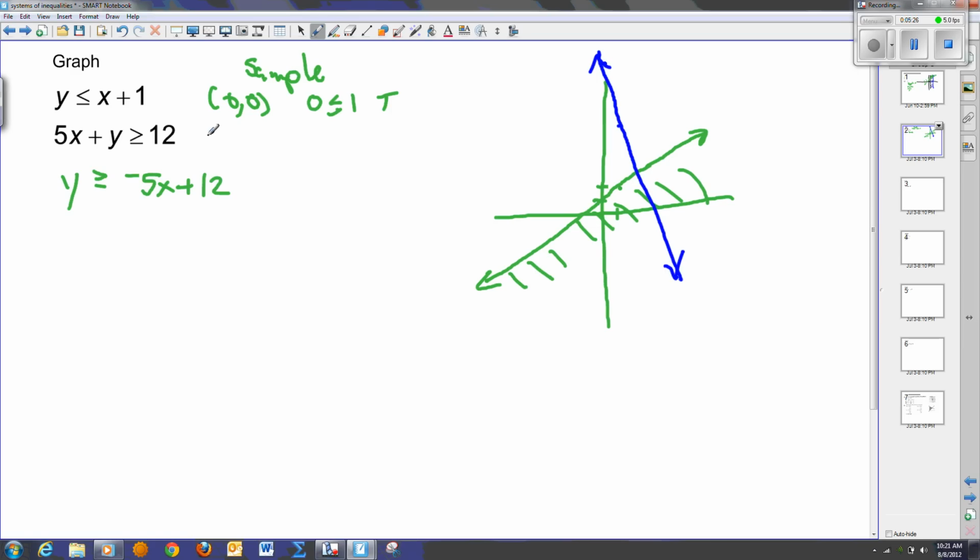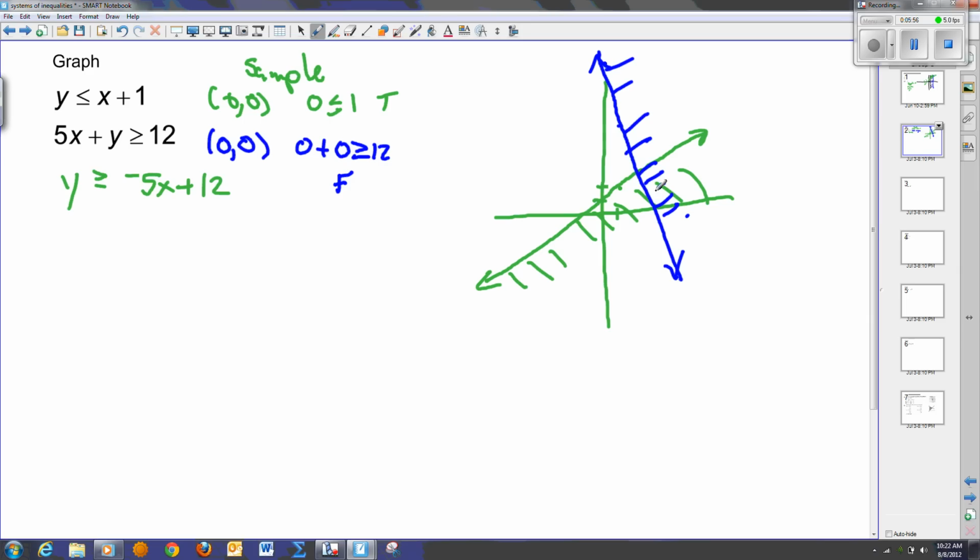Again, I'm going to pick a sample point of 0, 0. 0 plus 0 is greater than or equal to 12. We know that's a false statement. So if I picked 0, 0 as my sample point and this region is false, I must shade away from that region, to the right of that line.